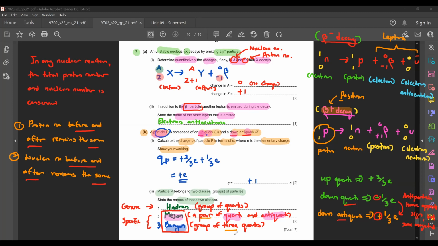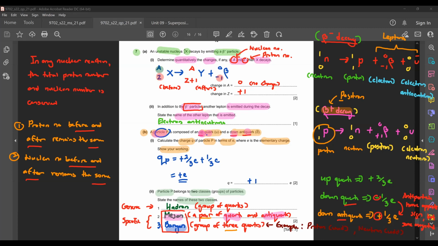An example of a baryon, which consists of three quarks, is something that you have actually been dealing with a lot of times. An example of a baryon is your proton, which consists of up, up, down quarks, and also your neutron, which consists of up, down, down quarks.